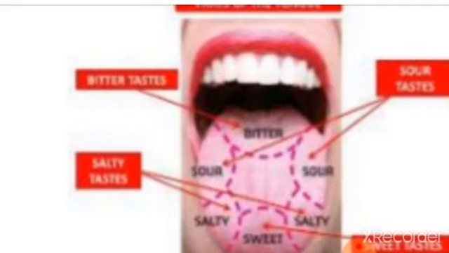And more lateral and downwards is the sour taste, and the most posterior part is the bitter taste. So in this manner the taste buds are present in the tongue. Okay, now next is the gustatory pathway.